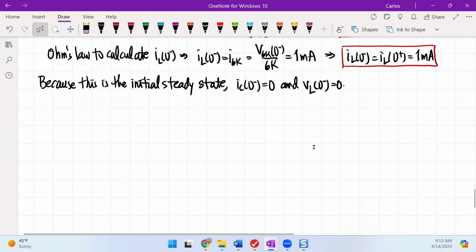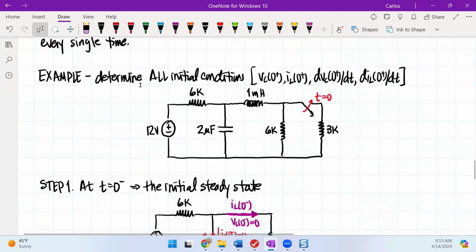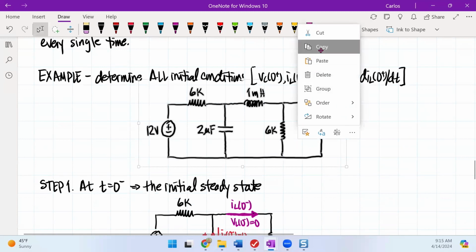So now we move on to step 2. I'm going to copy this circuit again just to be faster.